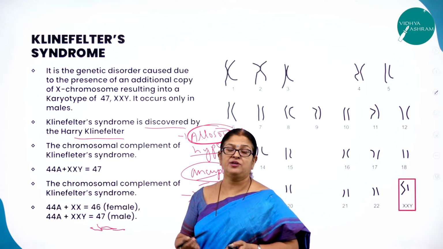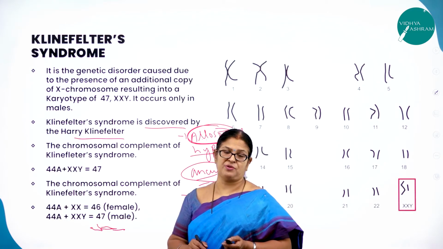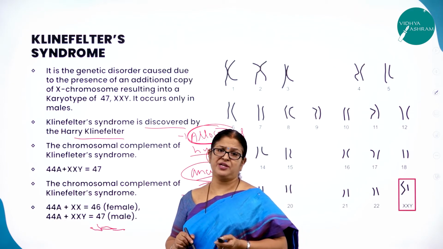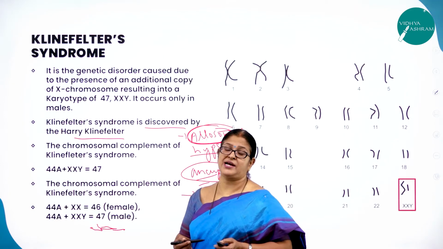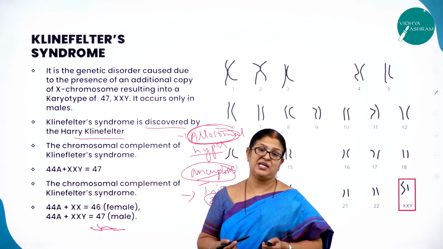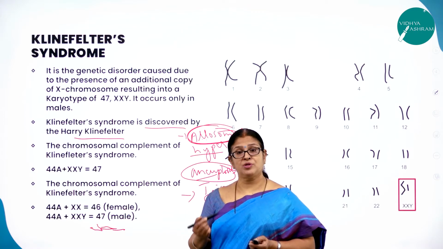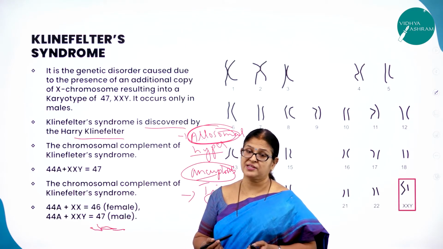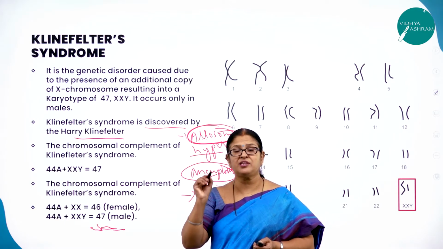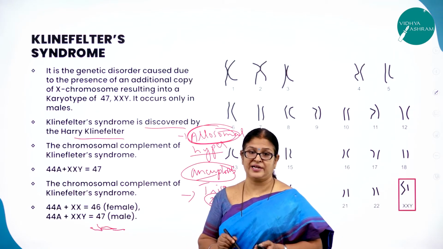In your second PUC board paper, these are the things asked from this chapter. So all these concepts are very, very important. You should not take it too lightly. All the concepts you study in second PUC biology are very important, not just to pass your PUC, but also to crack competitive exams like NEET and CET. Each and everything you learn in second PUC biology is important, so you should not neglect it.